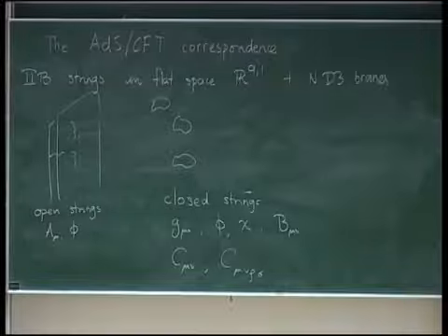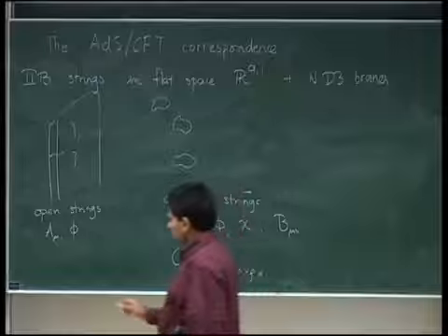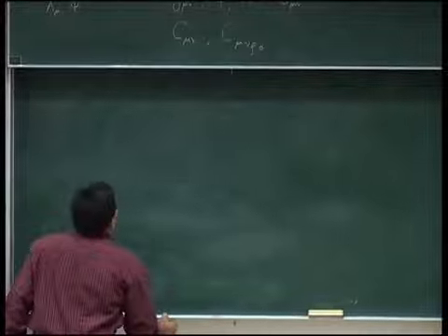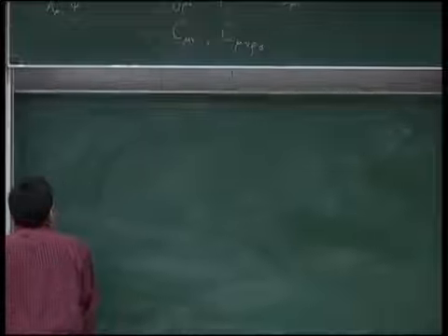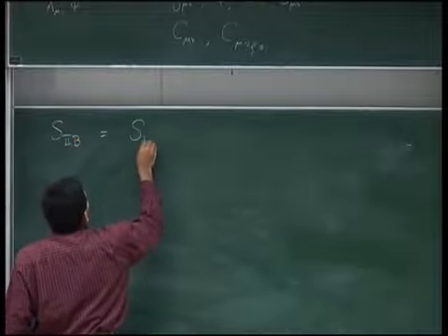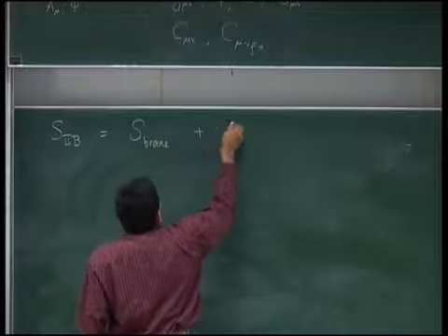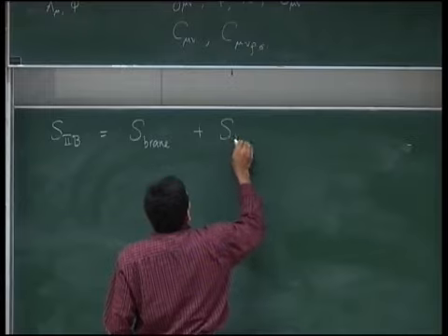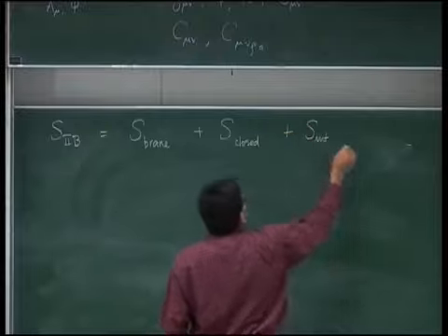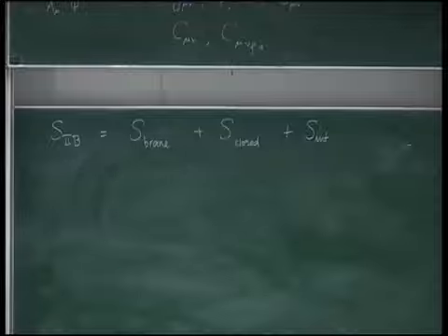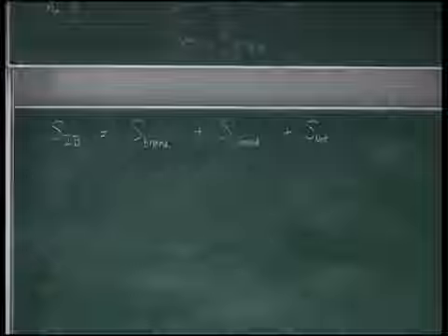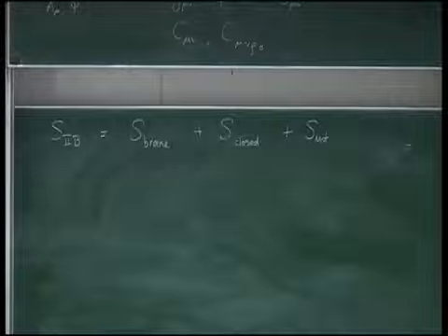Each of these is appropriately supersymmetrized, and if we put all of this together, we find that the system has an action which I schematically represent in three pieces: the part that's confined to the brane, the closed string part, and then the part that corresponds to the interactions of the closed strings with the open strings.